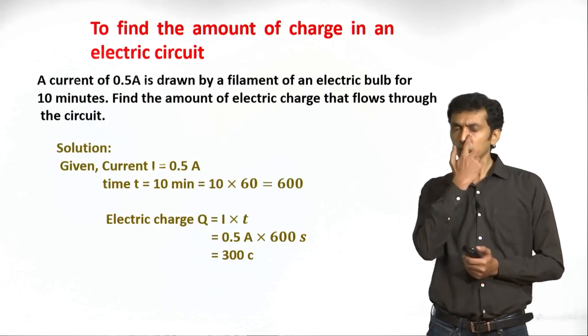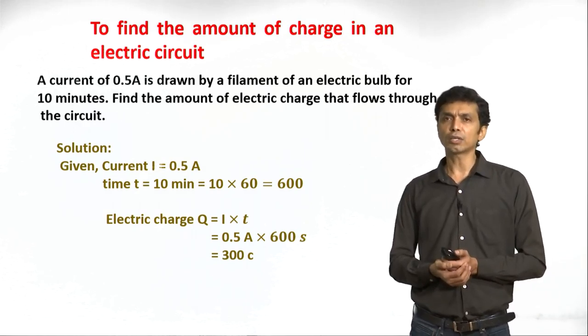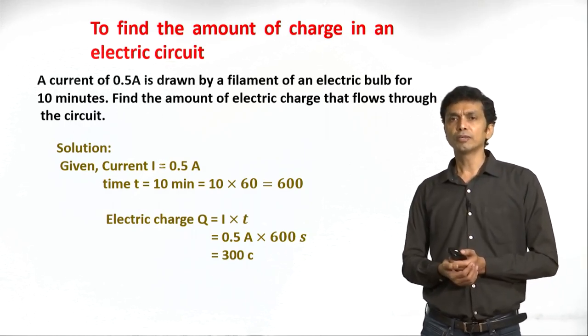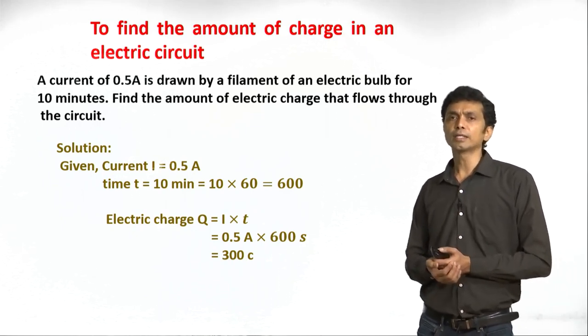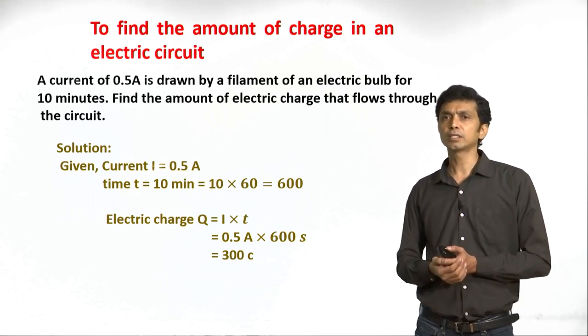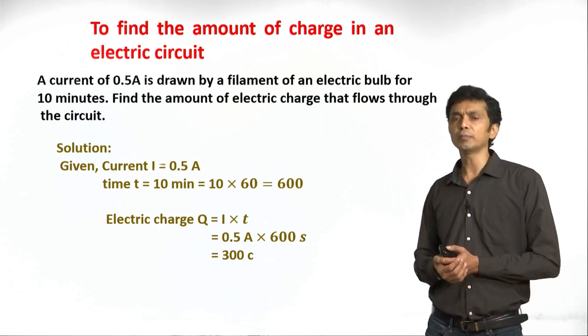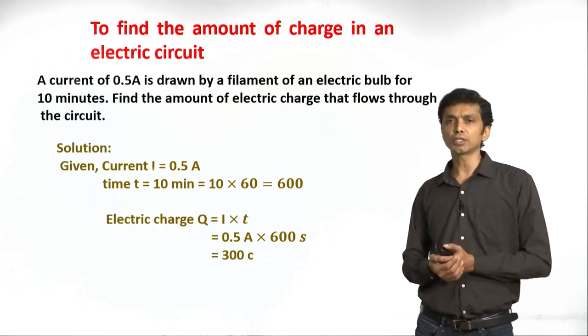Let us use the formula I is equal to Q by T, which we learned just now, to calculate the charge. Here in this problem, a current of 0.5 ampere is drawn by a filament of an electric bulb for 10 minutes. We have to find the total electric charge.